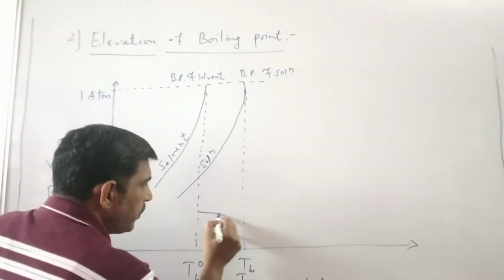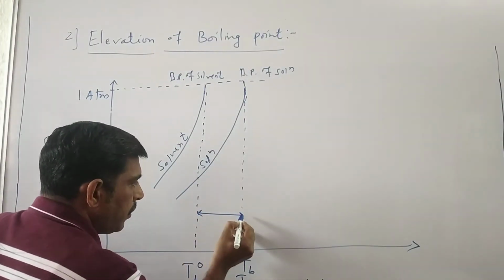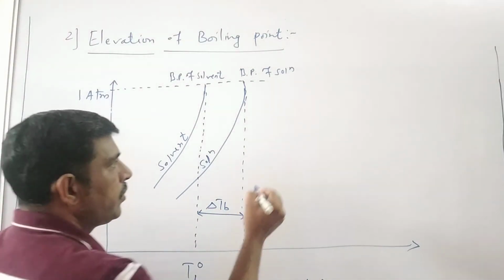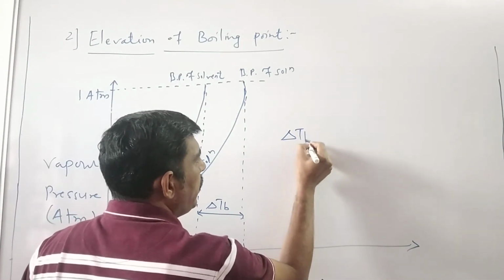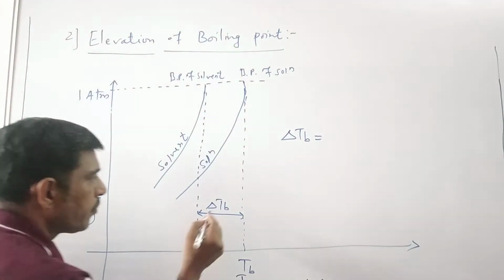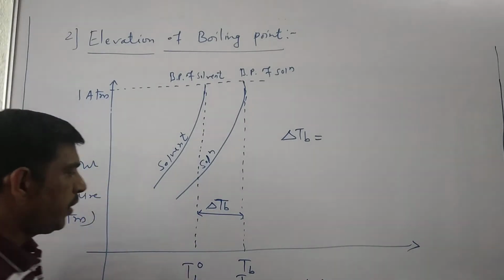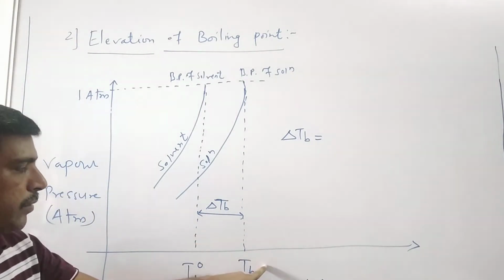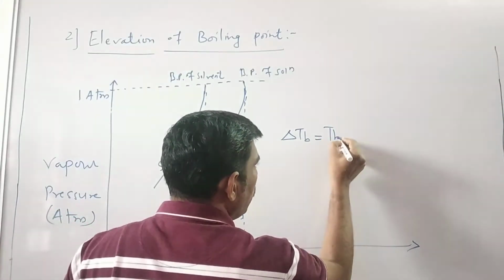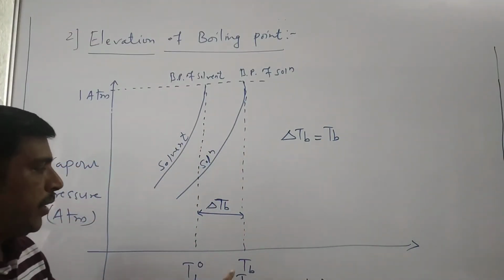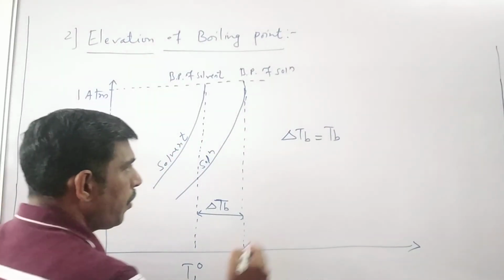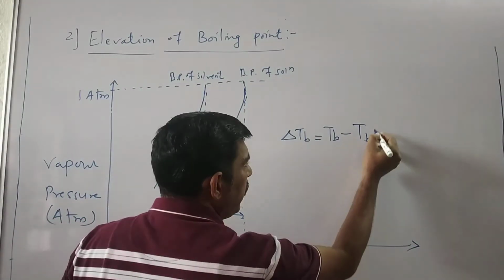So we will get a difference here, that is delta TB. So what is delta TB? Delta TB is equal to maximum minus minimum. So delta TB is equal to TB, where TB is the boiling point of solution, minus TB naught.